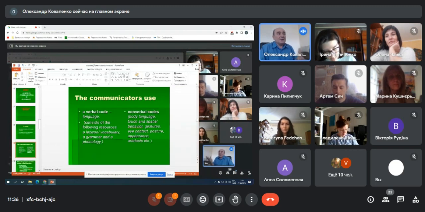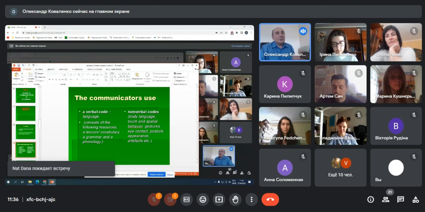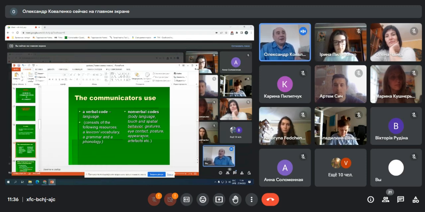The communicators use verbal code. It's a language: vocabulary, grammar, phonology. Non-verbal code: body language, touch, spatial behavior, gestures, eye contact, posture, appearance, artifacts. Quite a lot of things.